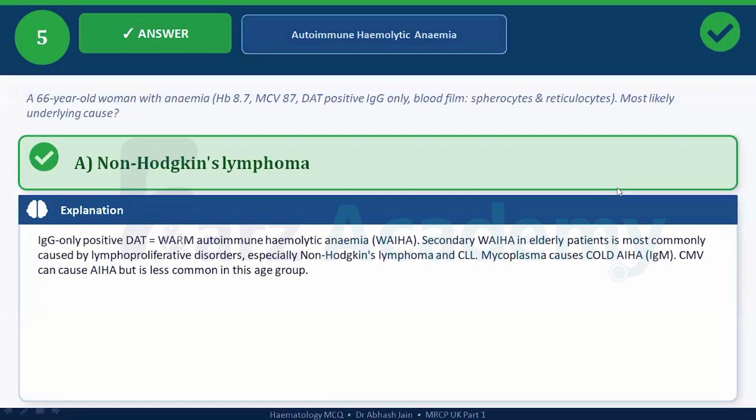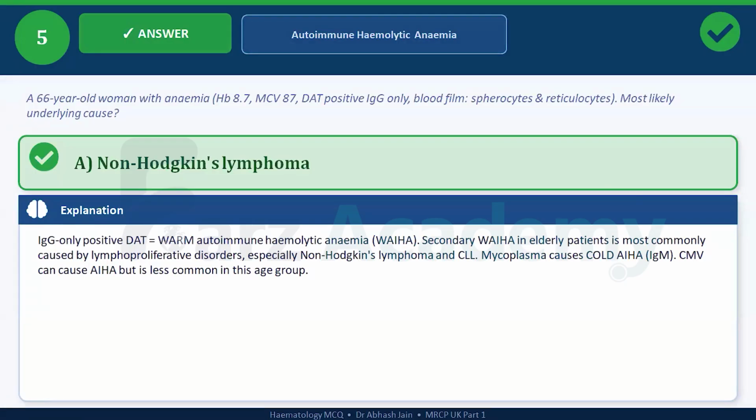It is non-Hodgkin's lymphoma because IgG only is positive. So this is warm autoimmune hemolytic anemia, right? Mycoplasma is a cause of cold autoimmune hemolytic anemia, where IgM will be positive. Here IgG is positive. Secondary warm autoimmune hemolytic anemia in an elderly patient is most commonly caused by lymphoproliferative disorders. Here non-Hodgkin's lymphoma and CLL are the lymphoproliferative disorders, and mycoplasma causes cold.